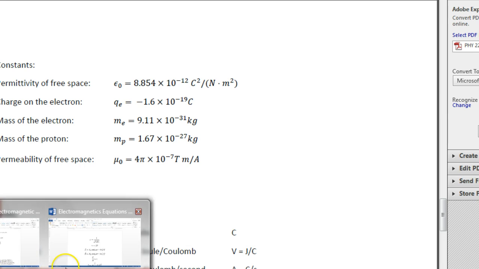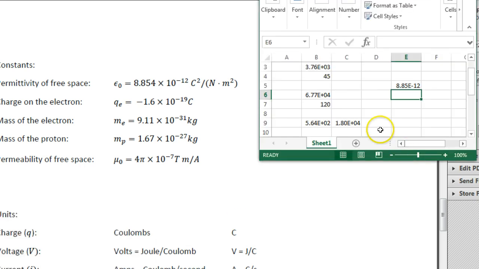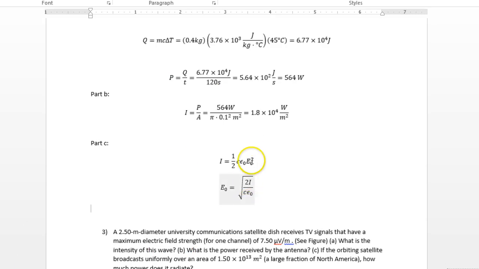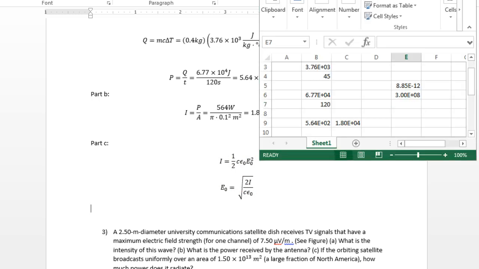Okay, we have the speed of light, 3 times 10 to the 8th. And so we're looking for twice the intensity, right, which is 1.8 times 10 to the 4th, divided by c, divided by epsilon naught, all square root.